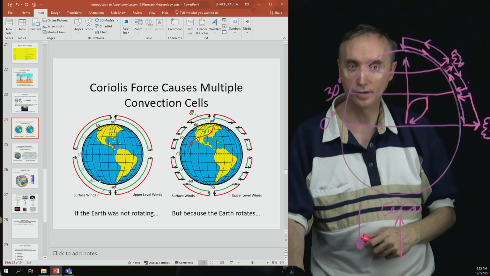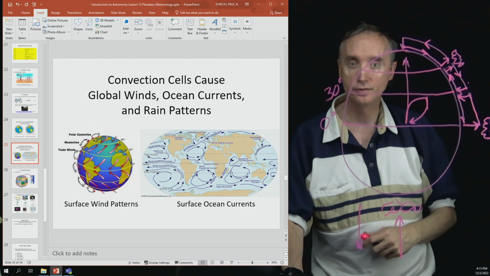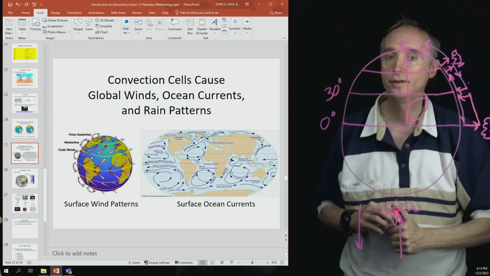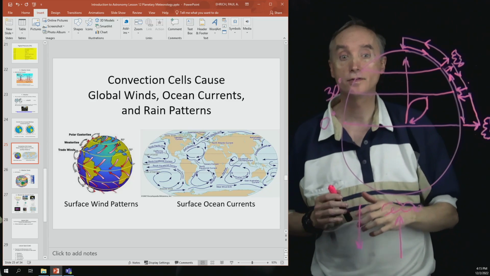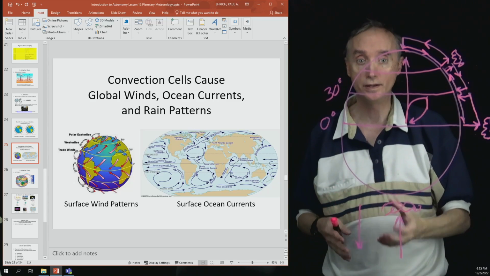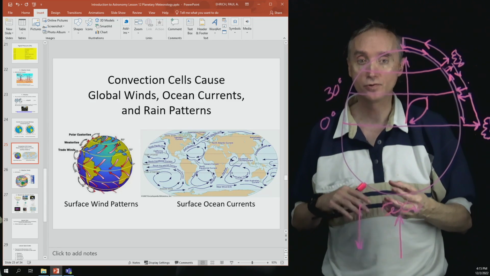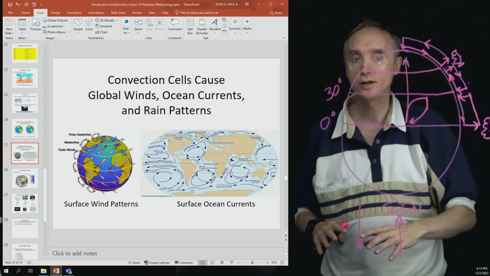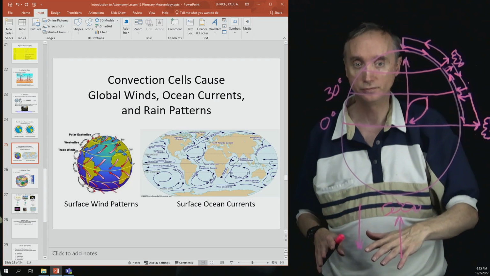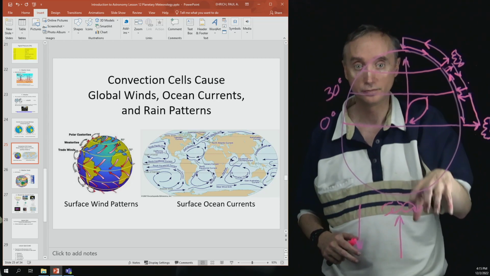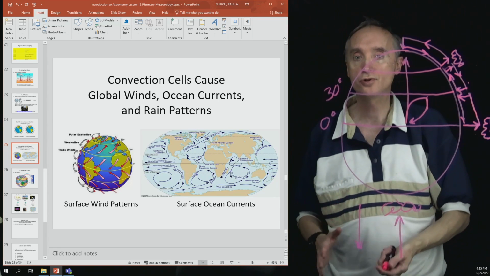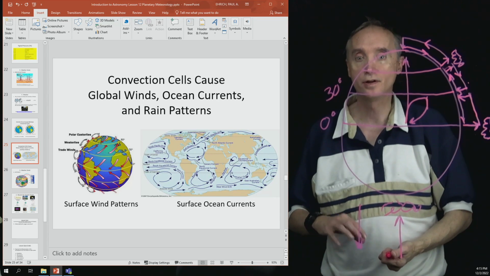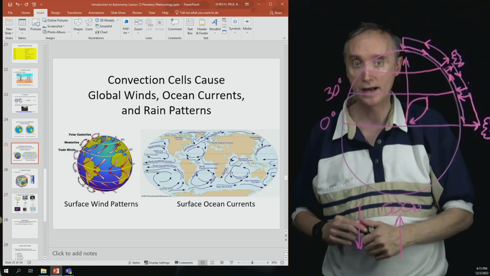Okay, let's go on here and talk about that not only does it affect the surface winds, but as those winds blow across the ocean, it causes the surface ocean to start to move around. So you have surface ocean currents as a result of the surface wind patterns.